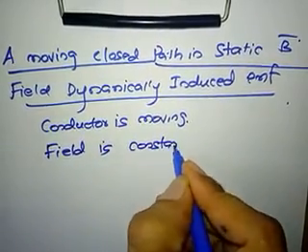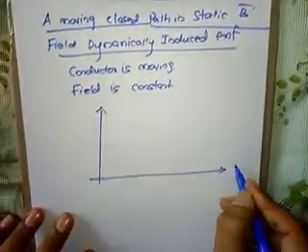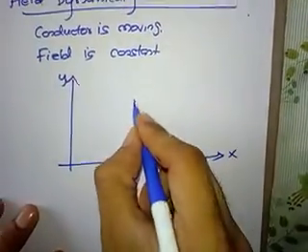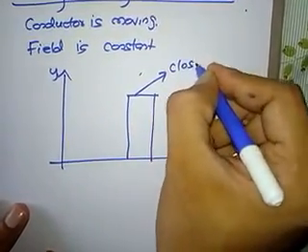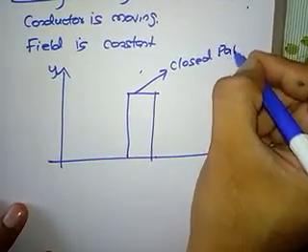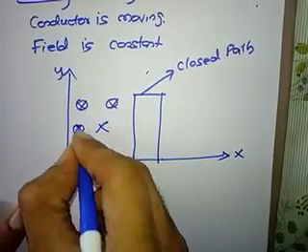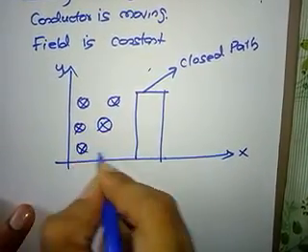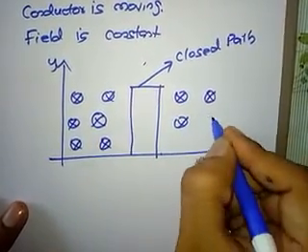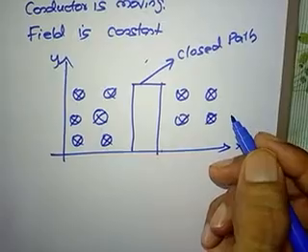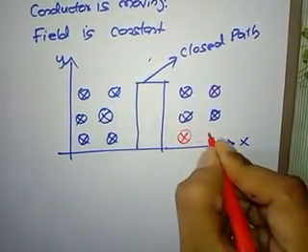Consider this figure here. I am considering the x and y axes. This is x, this is y, this is our closed path or the closed circuit, this is our conductor. Then we have the field here, I am marking the fields.